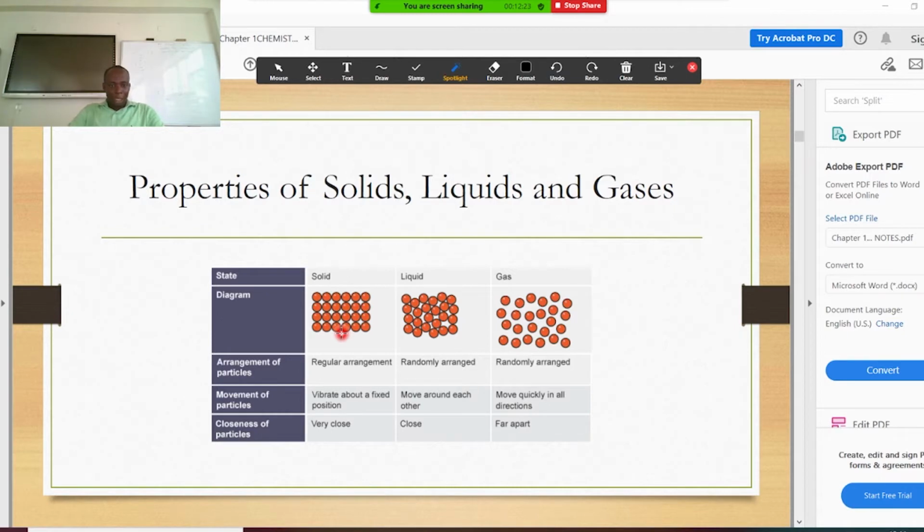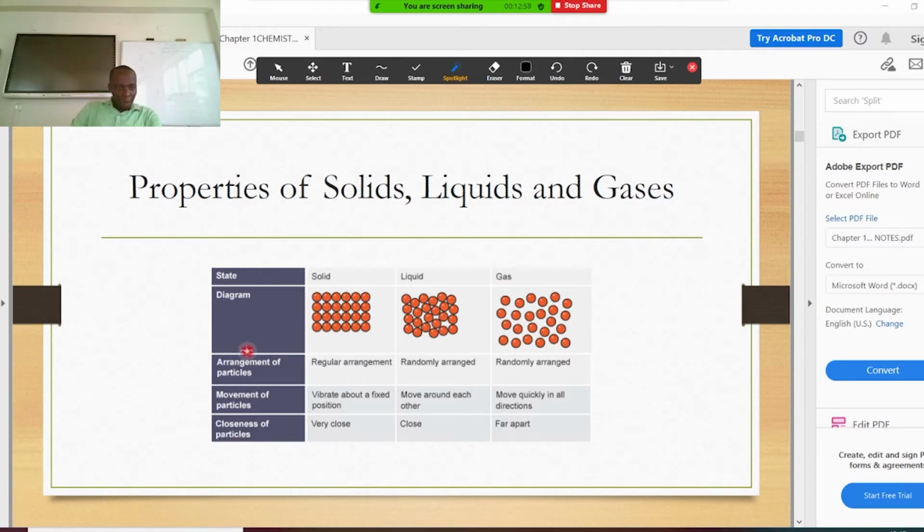Now, if you look at gases, I'll come back to the liquids. The particles in gases are far apart. They are not close, and they don't have an ordered arrangement. The liquids are somewhat close, but they are not orderly arranged as in the solids.